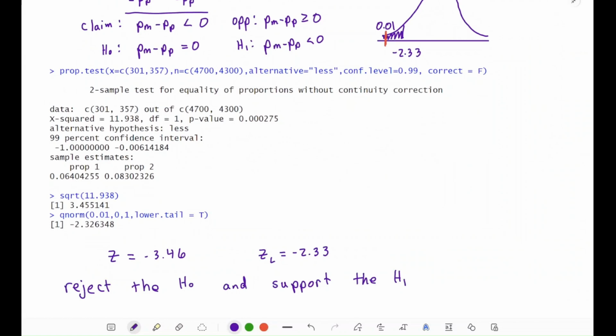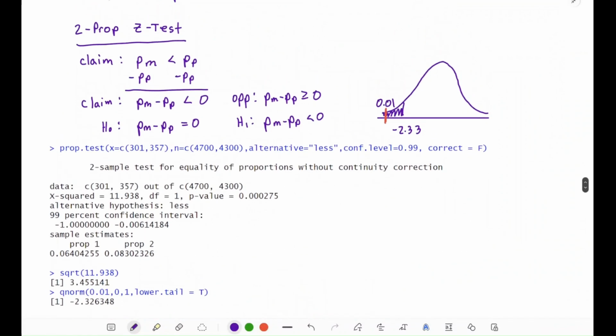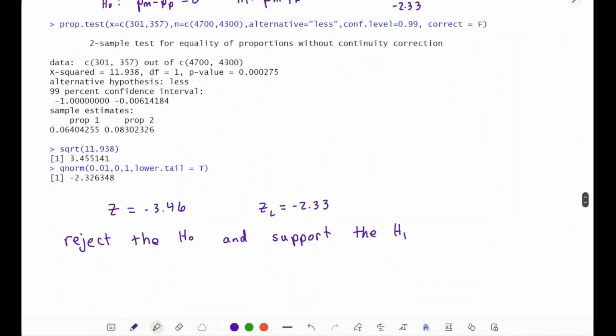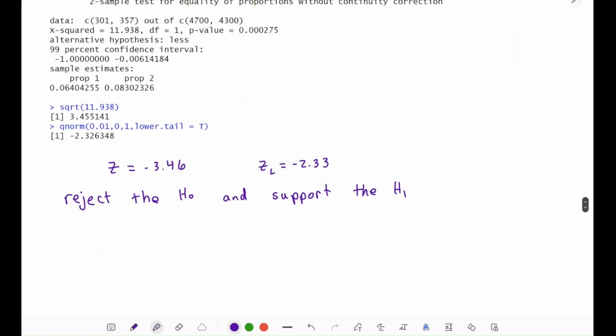Okay, so now what's our conclusion going to be? Because my conclusion shouldn't talk about the null hypothesis or the alternative hypothesis. My conclusion should only talk about the claim. So when I go back up here, my claim matched my alternative. So what did I do to the alternative? I supported the alternative, so I'm going to support the claim.